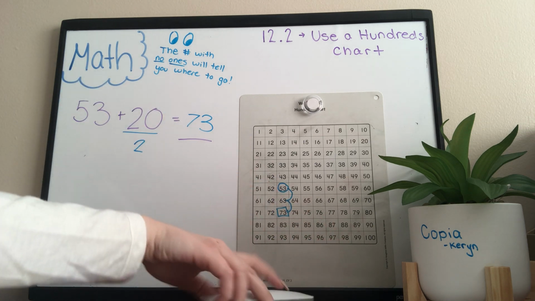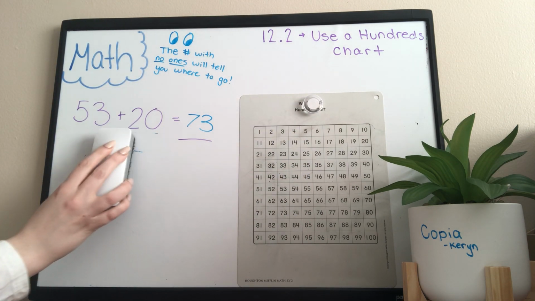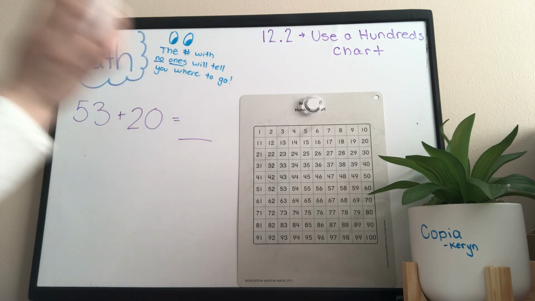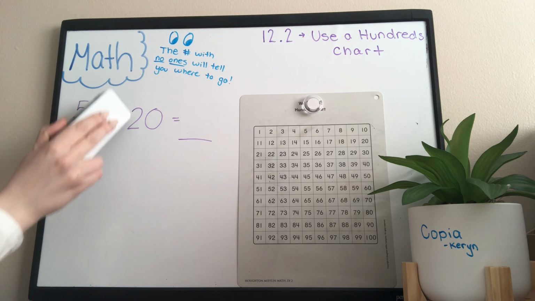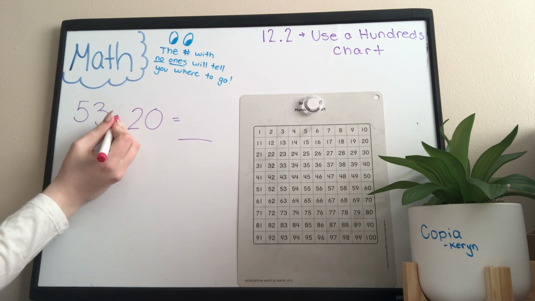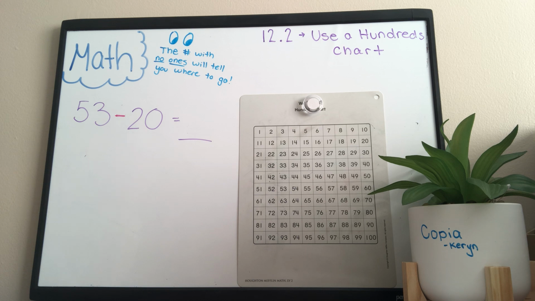Here is my trick. I'm going to go ahead and erase this, and that and this. And I'm also going to erase the addition sign here, and I am going to turn it into a subtraction sign.